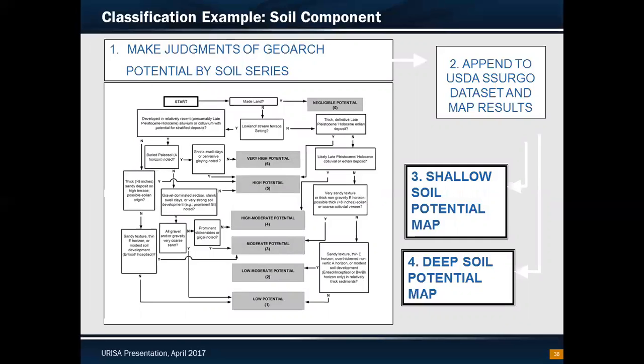Now, importantly, this thing kind of changes as I move through the state doing various areas, because this really isn't intended to drive the classification as much as document the decision process. But you'll notice that once again, we're looking at two different maps. We're looking at shallow potential and deep potential, and then combining them.